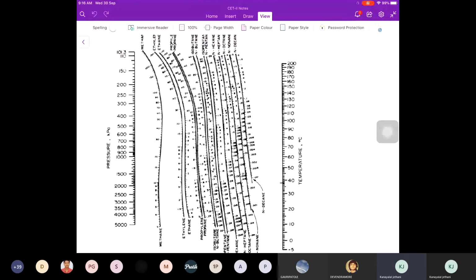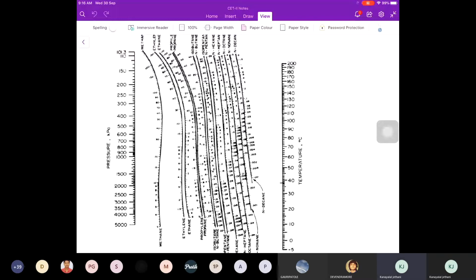So if I want to find the K value for any component, suppose I want the K value at 5000 kPa, pressure is in kilopascal, and I want it at say 200 degrees centigrade. So I'll take this point, I'll take this point, and I'll join these two.